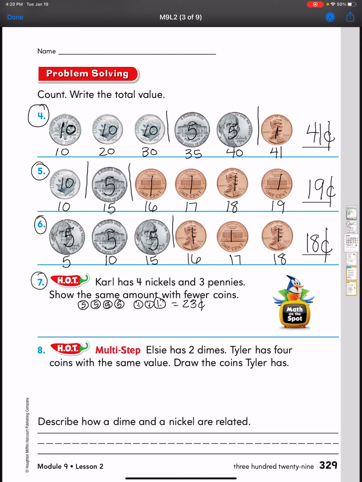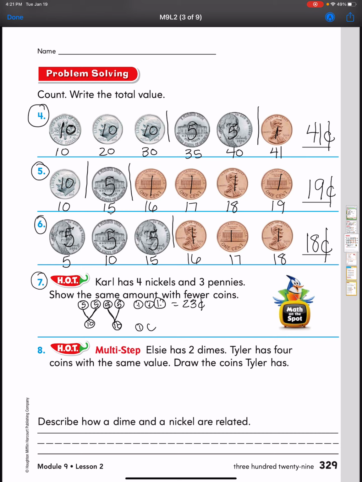All right. Now, how can I show the same amount but use fewer coins? Well, I know that 2 nickels is worth 10 and a dime is 10 cents. So I could turn my 2 nickels into dimes. And 3 pennies, there's not a smaller way to show 3 pennies.